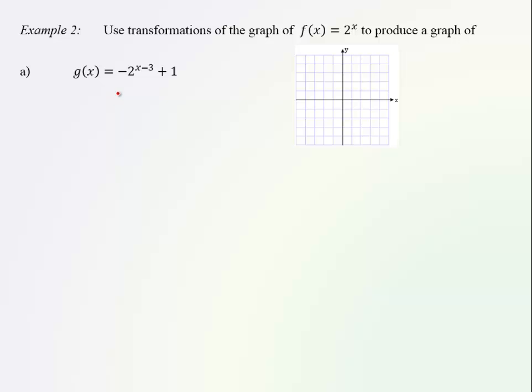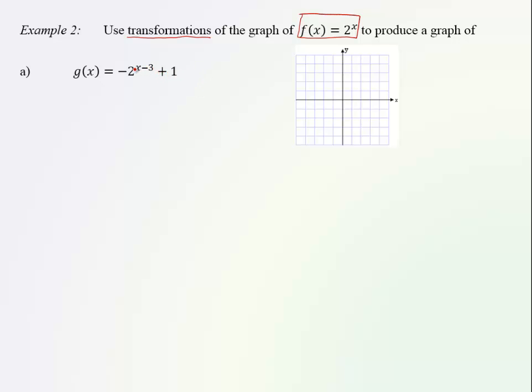So now we have a couple examples of how to graph exponential functions by using transformations of the basic graph, in this case 2 to the x. We want to produce the function g of x equals negative 2 to the x minus 3, plus 1.